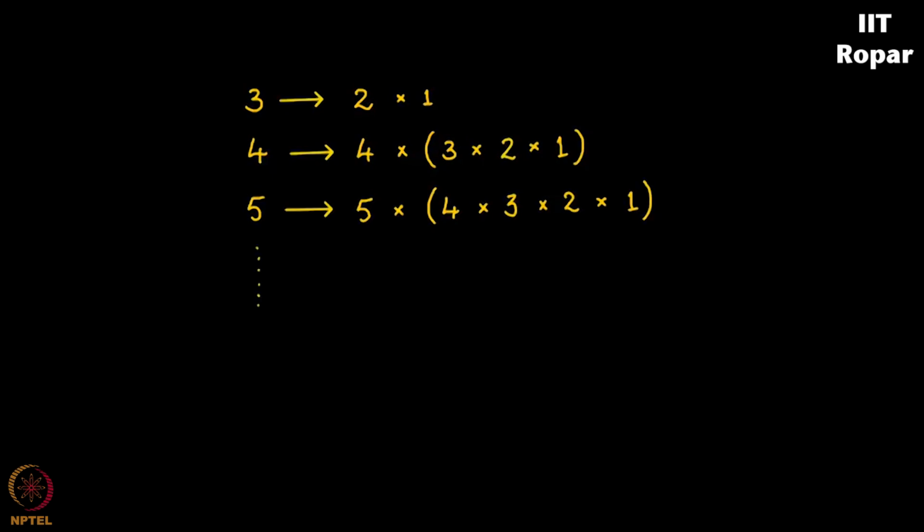In general, for n, this is going to be n into n minus 1 into n minus 2 up to 2 into 1. So this is also called n factorial. What did we just now observe?